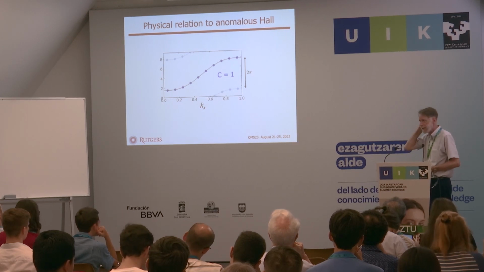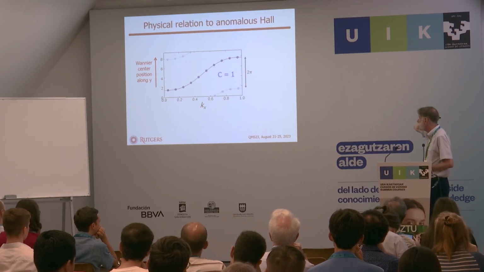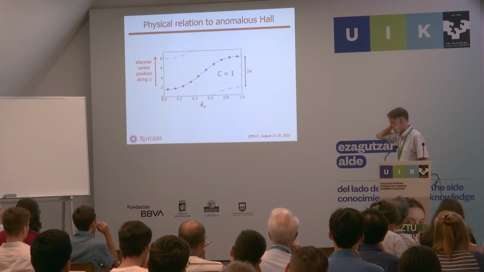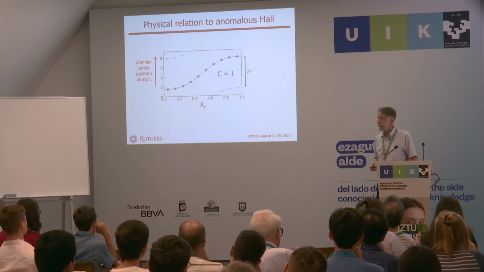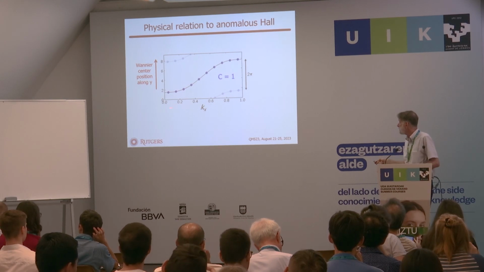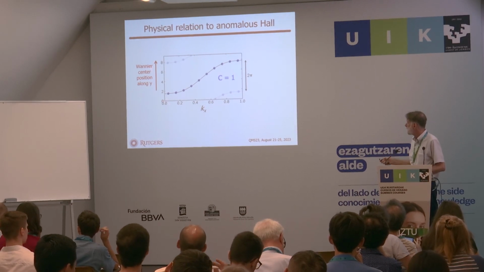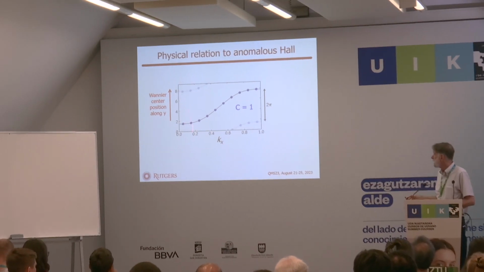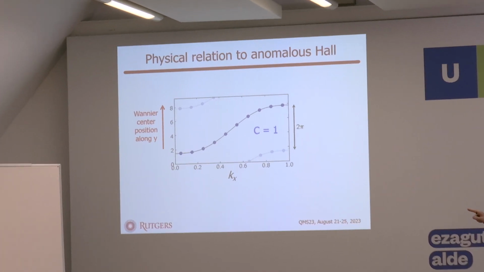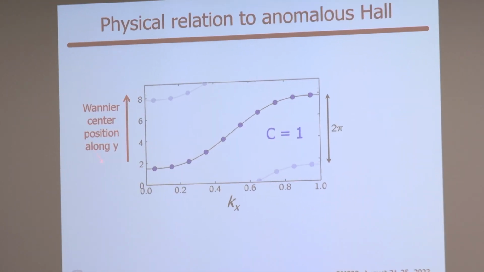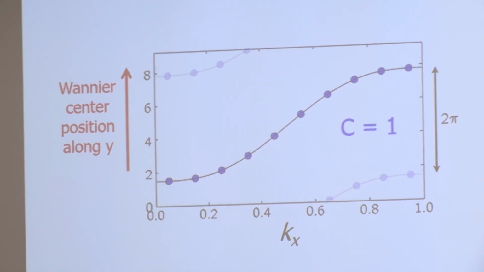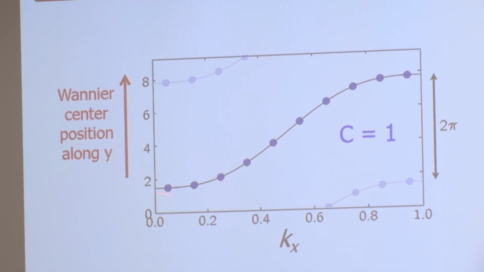And this is related to the anomalous Hall conductivity in a way that we'll wait until tomorrow for me to really discourse on. But one thing I will explain tomorrow is that the Berry phase in the y direction is related to the centers of the Wannier functions in the y direction, and I'll explain what those are.